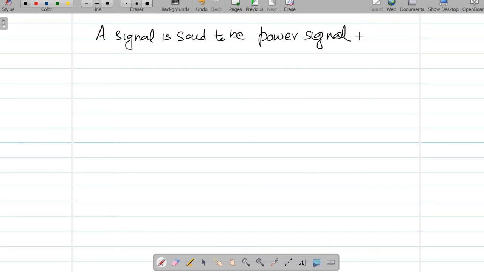A signal is said to be a power signal if the power is finite and the energy is infinite.